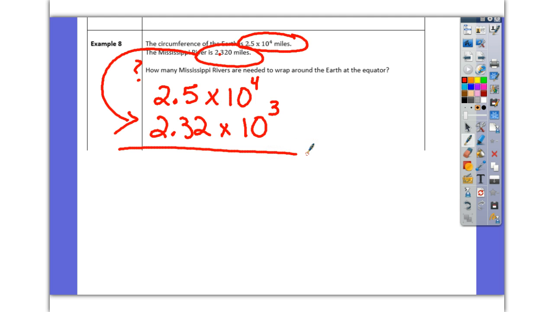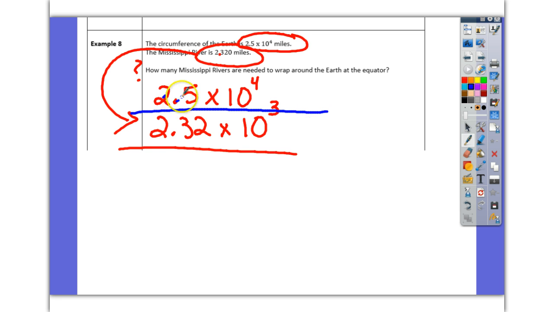Now, what do we need to do? Multiply or divide those? You're going to ask yourself how many of these are needed to wrap around the Earth. So you want to divide these.